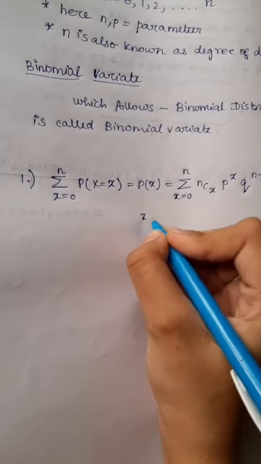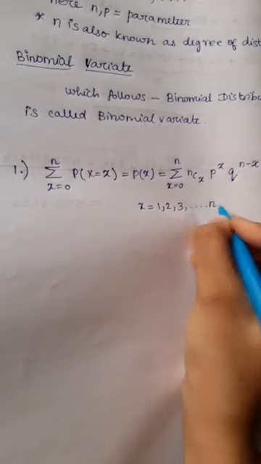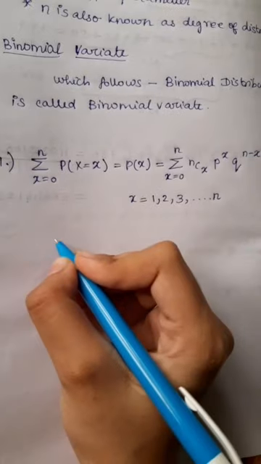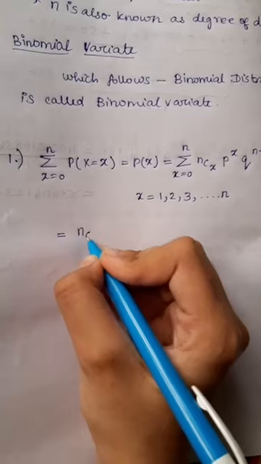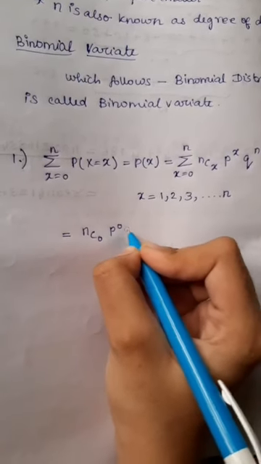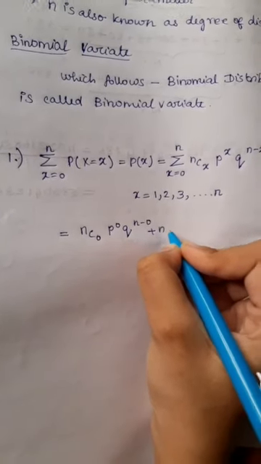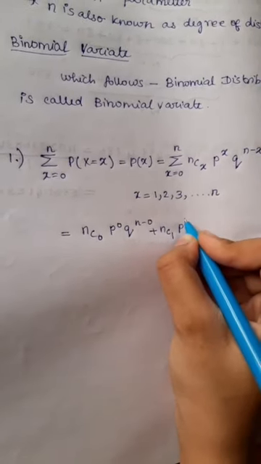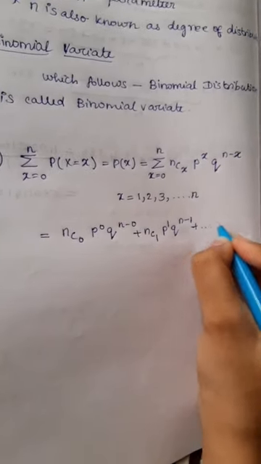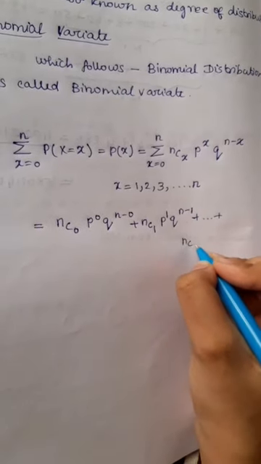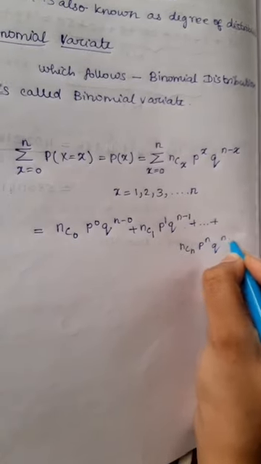Here we have to apply the binomial distribution, where x takes the values 0, 1, 2, etc. up to n. Then if we apply it in the above formula, we get nC0 p^0 q^(n-0) plus nC1 p^1 q^(n-1) plus etc. plus nCn p^n q^(n-n).